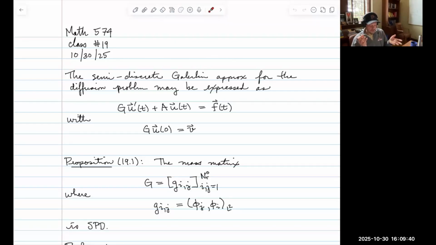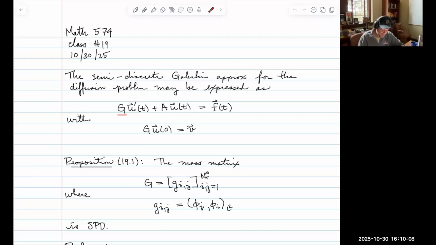The mass matrix is similar. We take elements from the basis, the so-called hat functions, if you want to think about them that way, and we put them into not the A bilinear form, but into the standard L2 inner product, and we calculate the elements of that matrix that way. So the definitions are given in the last set of slides, and so I won't go through those again.